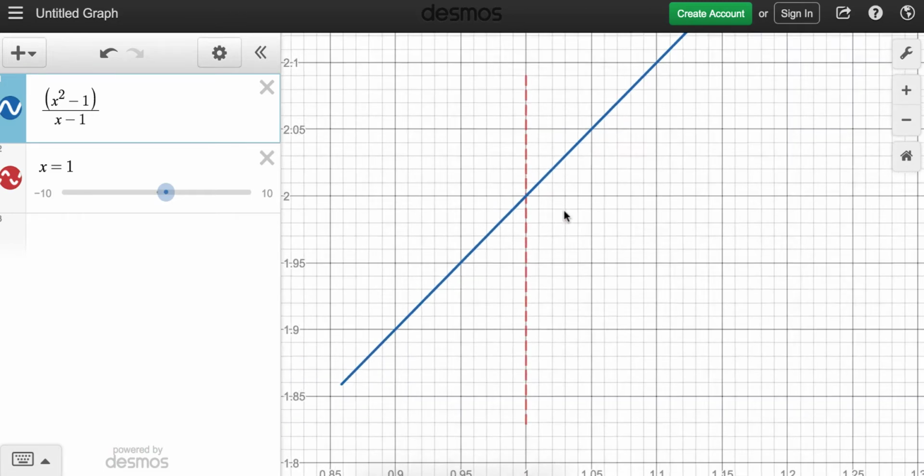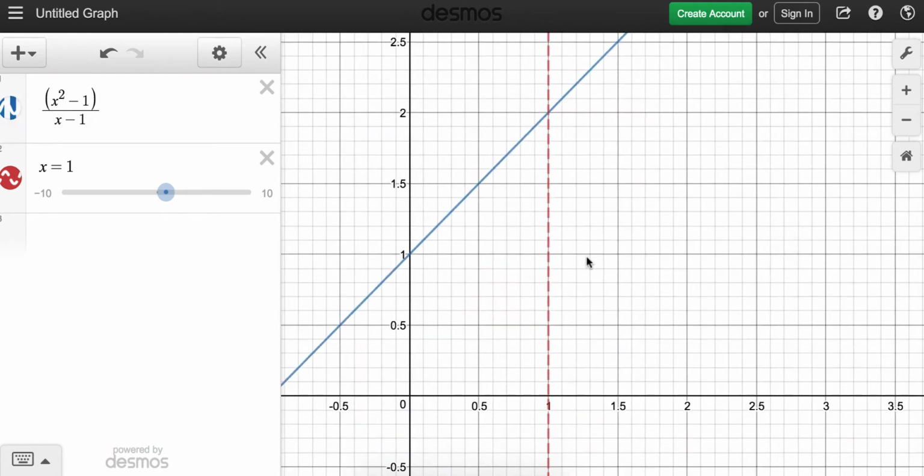So in situations like that, when I don't have a y value for a particular x, maybe I don't want that. Maybe I just need to know the behavior of the function as I approach that particular x value. Okay? And mathematicians, for these situations, created the idea of a limit.